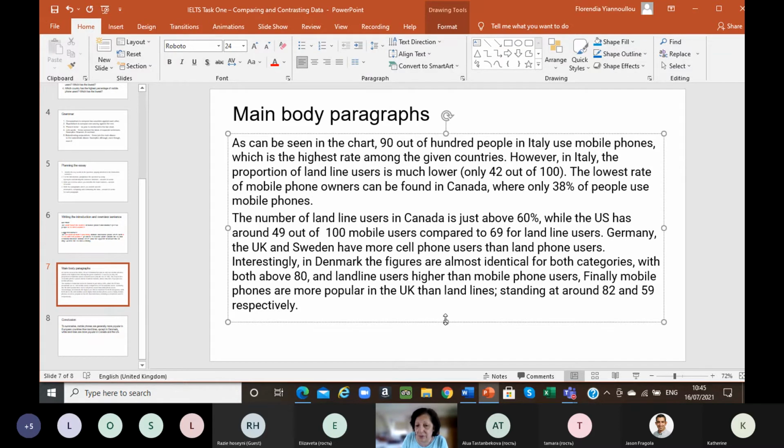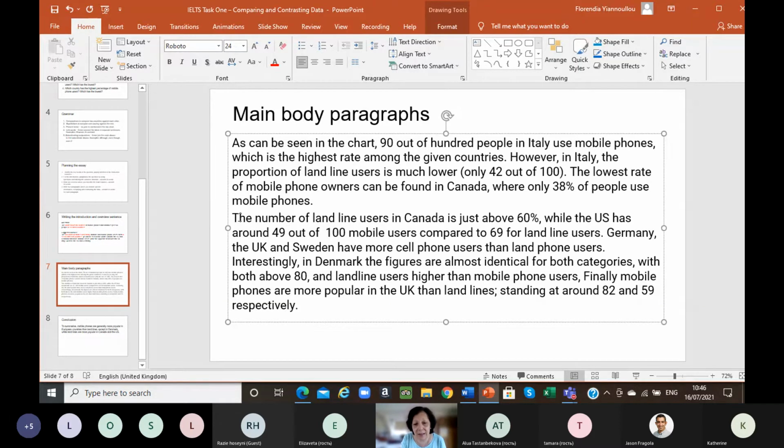So when I'm looking back at the essay, I'm thinking, check that and quickly change it. You don't necessarily need to write it out again, but always go back and check it as well. So here, the number of landline users in Canada is just above 60%.